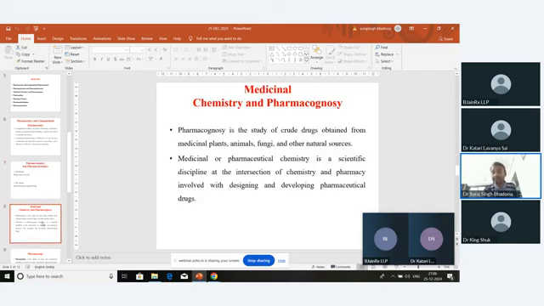Next is medicinal chemistry and pharmacognosy. So pharmacognosy is the branch of pharmacy which deals with the study or the knowledge of crude drug substances obtained from medicinal plants, animals, fungi and some other natural sources.